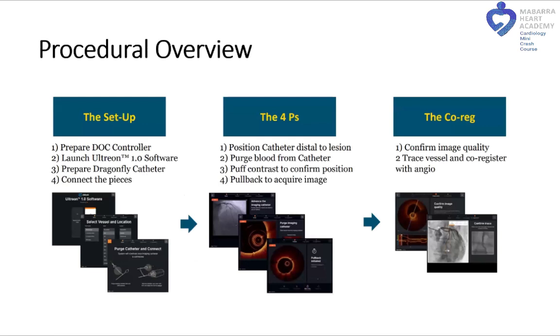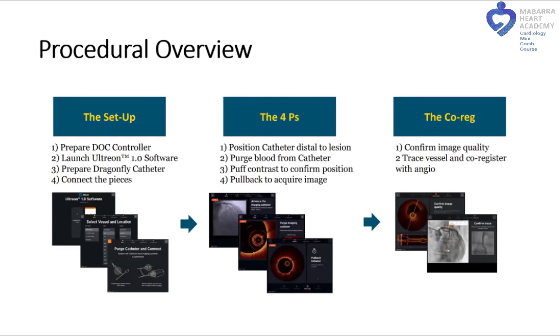Initially you need to prepare the dock controller and launch the Ultron software if you have it. The previous version was 1.0. Now there's a newer version, which is Ultron 2.0. You need to prepare the Dragonfly catheter and connect the pieces. After positioning the catheter distal to the lesion, you just go for the 4 Ps.